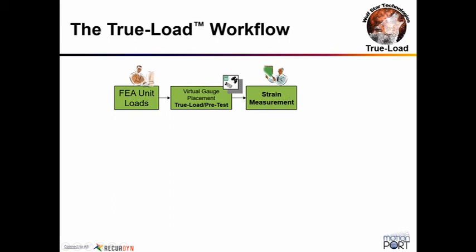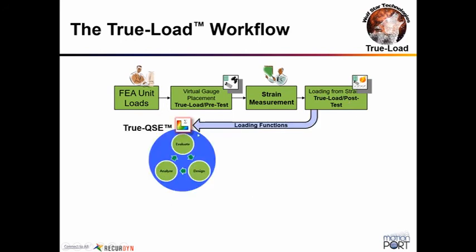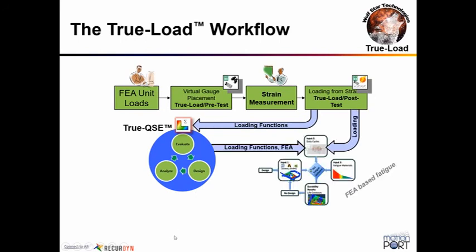Then you have the strain measurement of the actual physical device in the physical testing, and you load up that strain information, which is then used to create loading functions, which are able to produce the loads in the various locations. With that loading, you can produce the duty cycles with the strain and stress histories that can be used with the fatigue software.